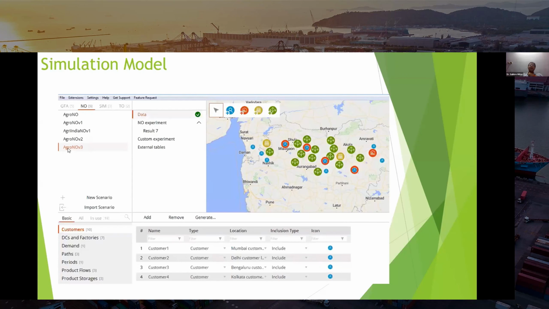Again, right now there is an effort by the government and many of the different business houses to unify this fragmented supply chain in a more optimized format. So we ran a number of models. We showed them what was the cost saving.